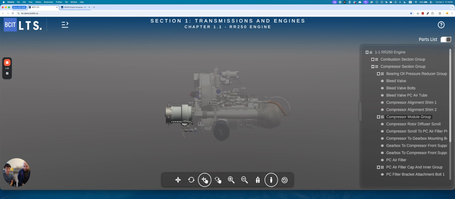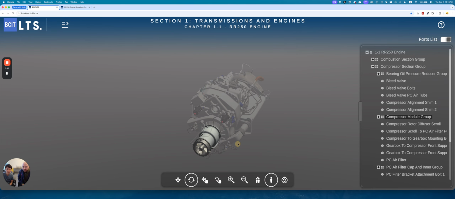So obviously the Kombucha is great. It's easy to use and easy to set up, but it's not very in-depth, right? LTS is a similar thing, but with way more detail, way more depth. So here we can look at the entire engine, right?